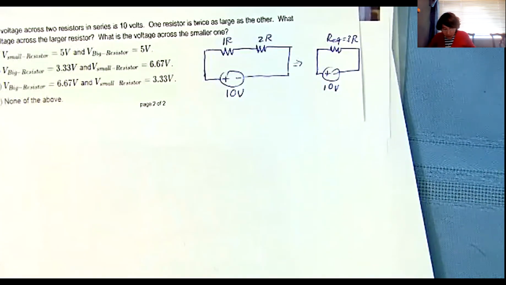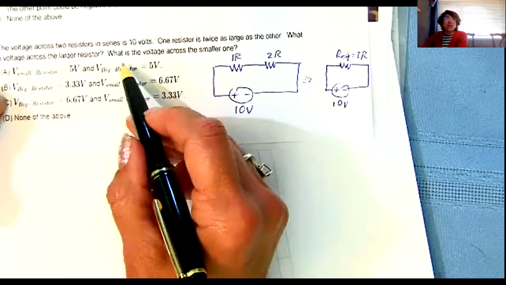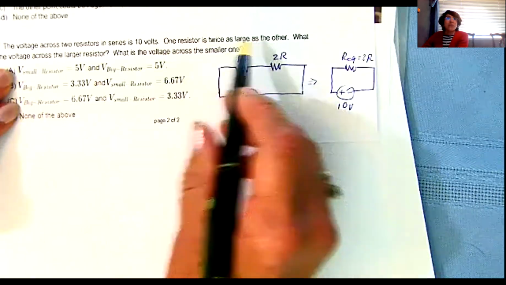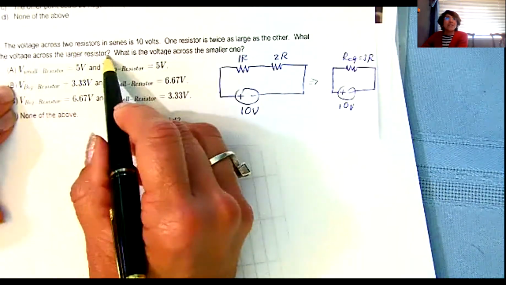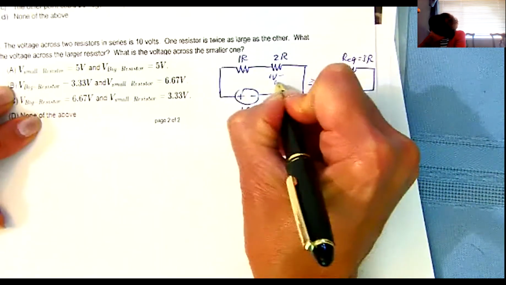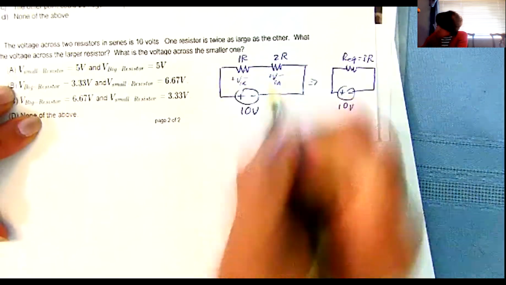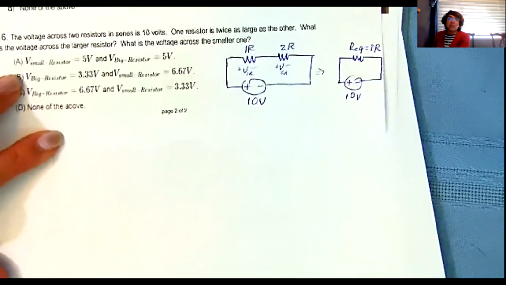Now what else do I know here? We want to know what the current is in each one, and what the voltage is across the larger resistor. So what's this one right here? I'm going to call it V of 2R, and it wants to know what the voltage across this one is. So let me ask you this.